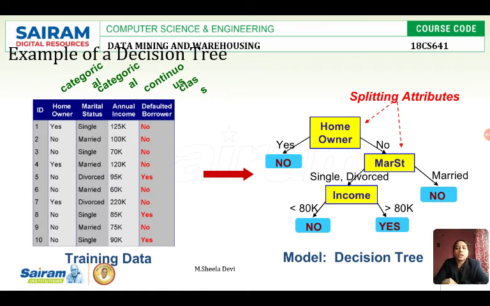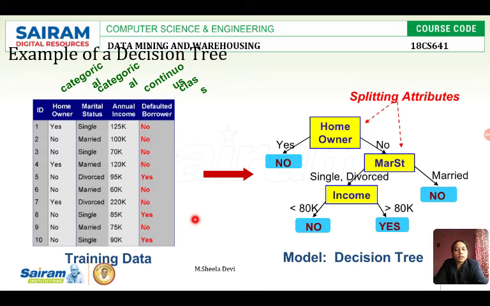First we'll see how the decision tree is constructed and how the induction is taken by our model. This is the training data. Here we have 10 transactions, with attributes called homeowner, marital status, annual income, and defaulted borrower. What is a defaulted borrower?